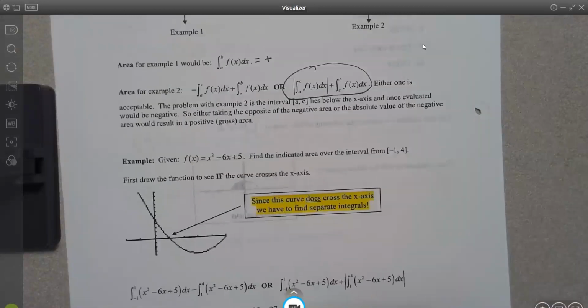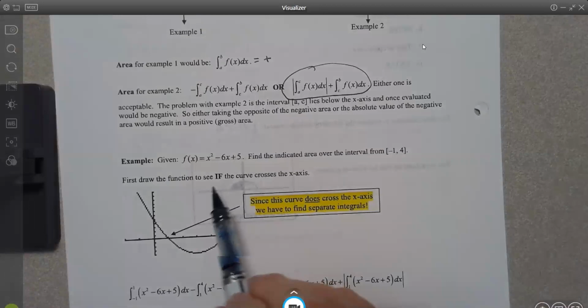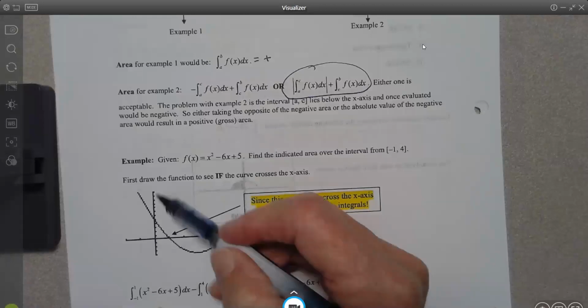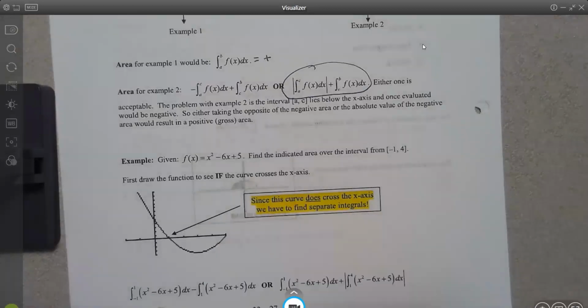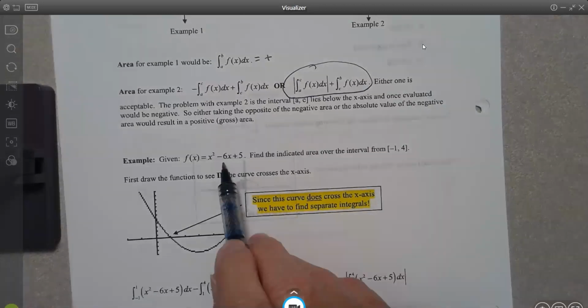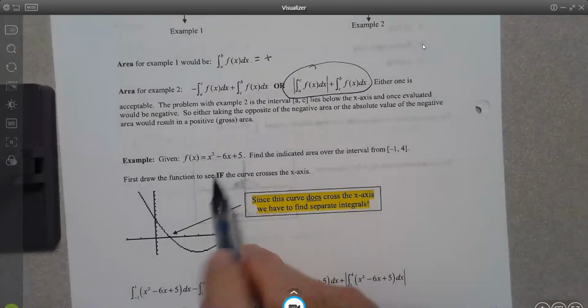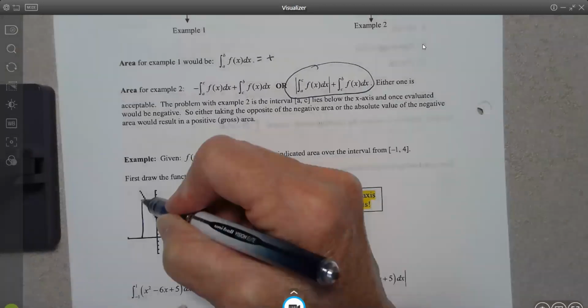If you graph this, now I changed my window on this. It looks like my x-min's a -2. X max is a 5. This is probably a 10 here and 1, 2, 3, and -4 there. So this window is changed somewhat. And if you graph this on your calculator, even using a Zoom 6, you will still see from -1 all the way to 1, 2, 3, 4.